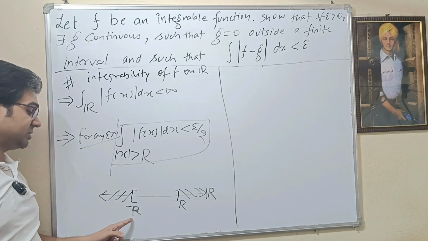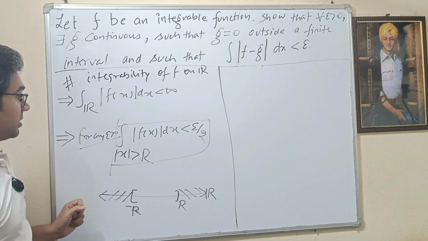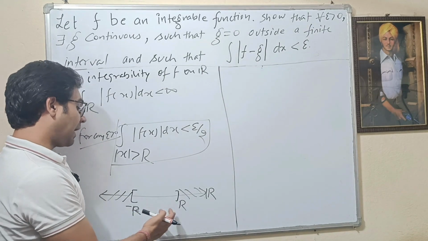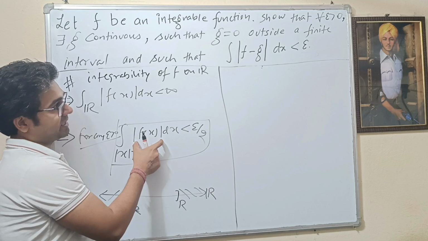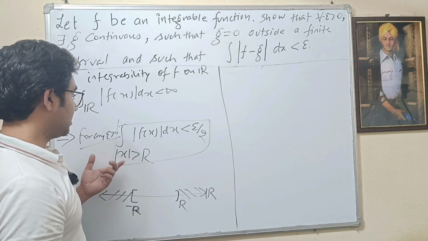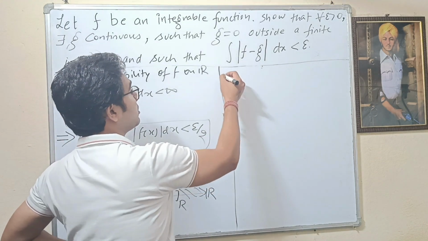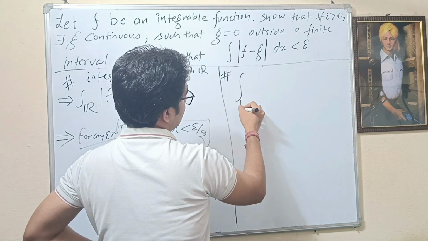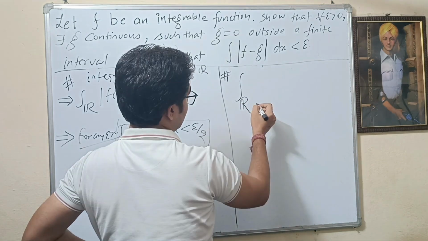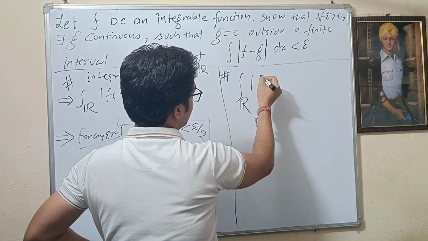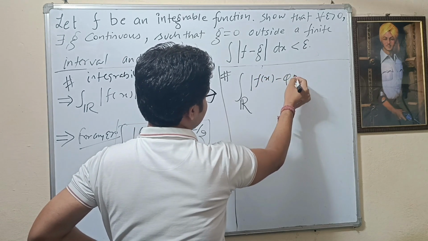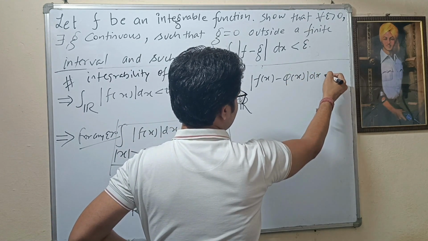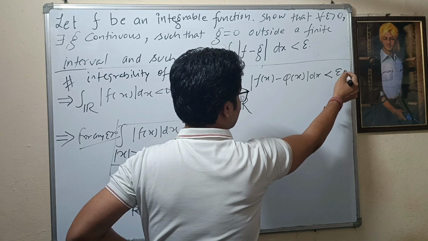Then what about the region minus R to R? In the region minus R to R, we will approximate the function f(x) by a simple function phi. Then the final output will look like this: the integral over minus R to R of mod of f(x) minus phi(x) dx, where phi is a simple function, will be less than epsilon by 4.